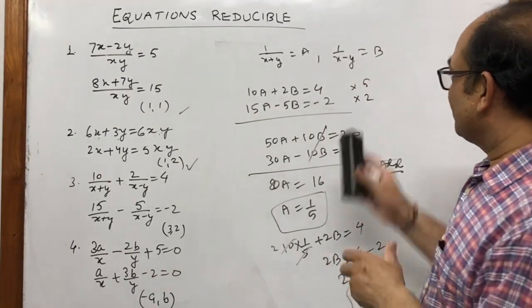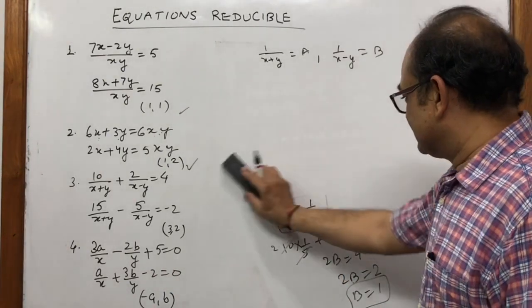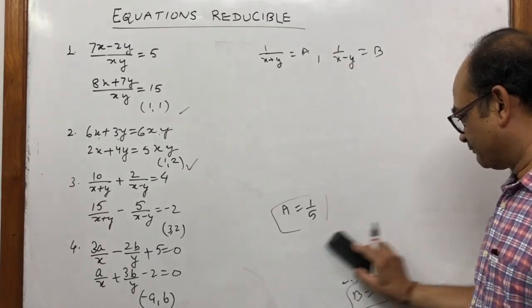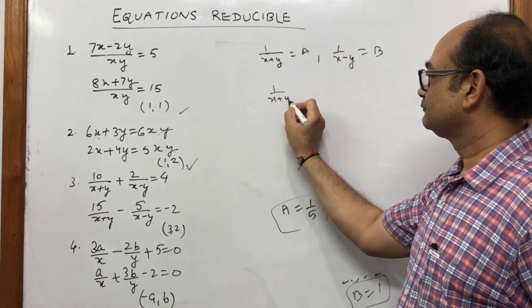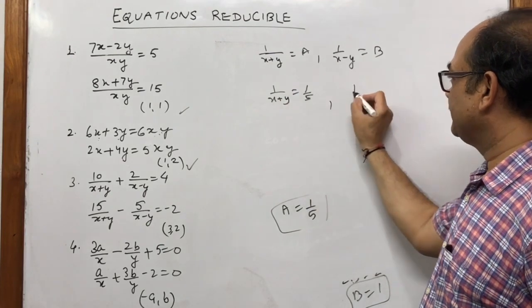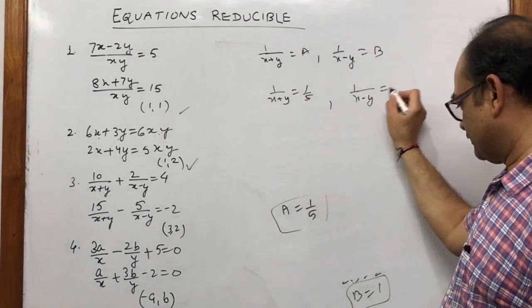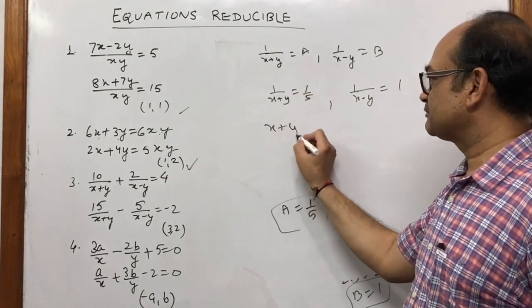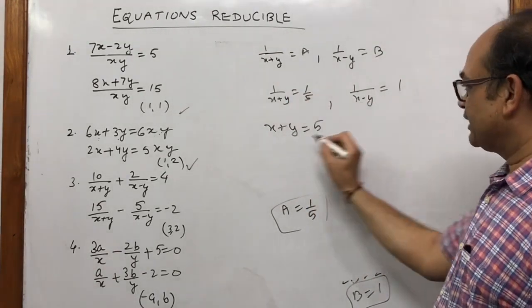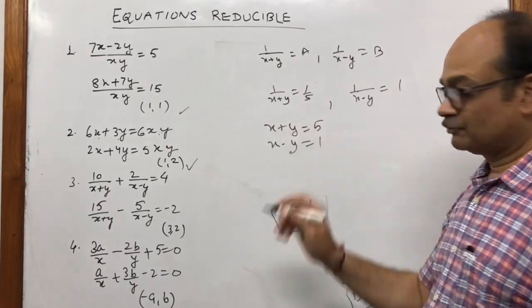So now what is x? How do we calculate x? We have a is 1 by 5 and b is nothing but 1. If you cross multiply, what are we getting? X plus y equals 5. Cross multiply, x minus y equals 1.